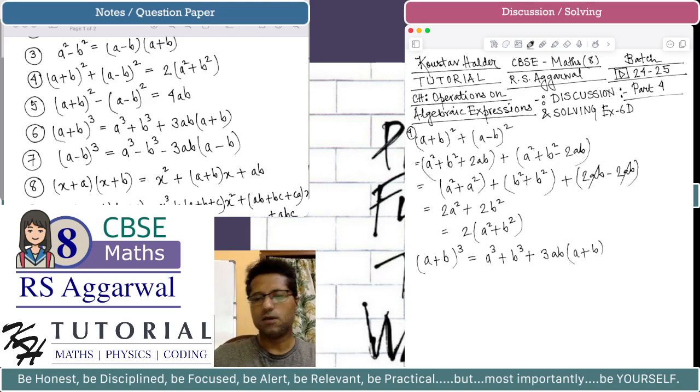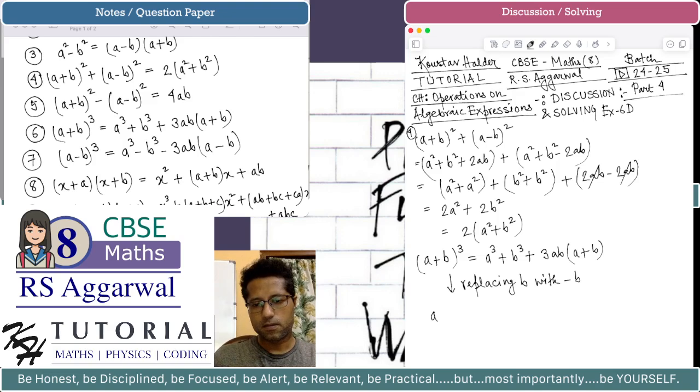This you must remember thoroughly. Now A minus B whole cube is nothing but, if you consider the formula or identity A plus B whole cube, and you replace B with minus B, what do you get?